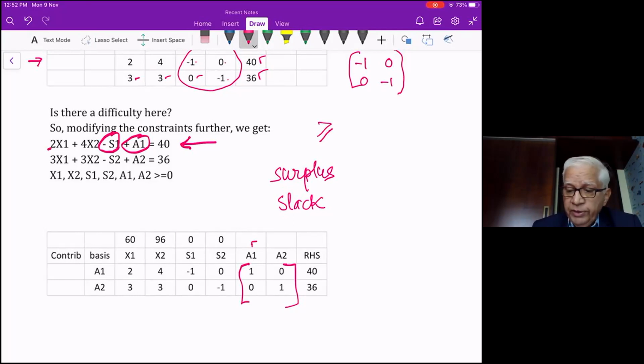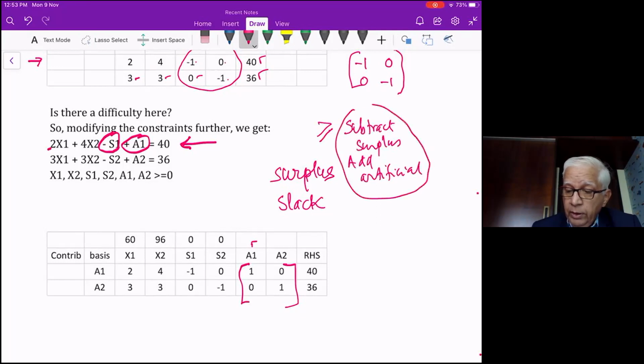When the constraint is of the type greater than or equal to, we have two types of action. One is subtract surplus and add artificial. Subtract surplus and add artificial. Twin actions are required.